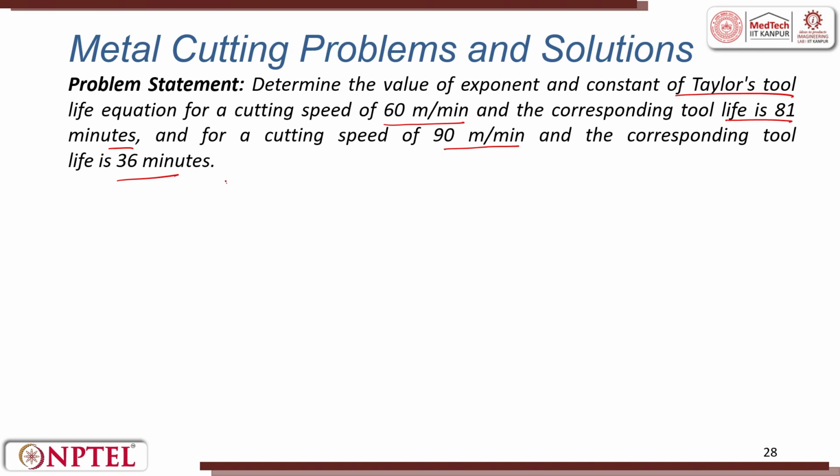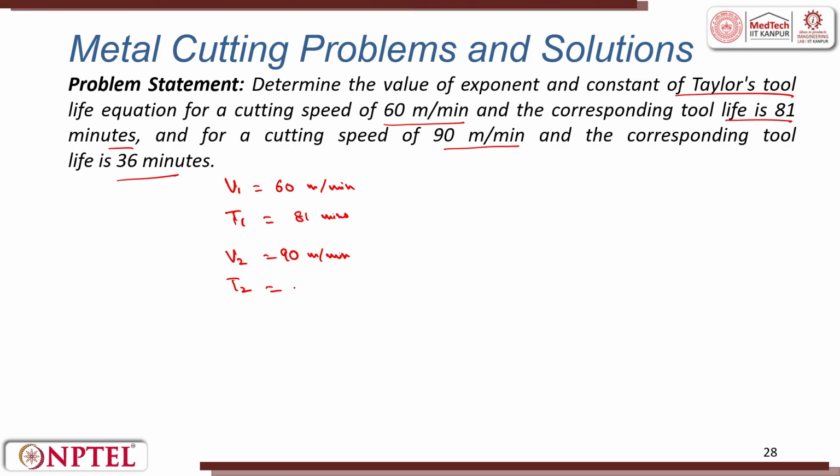If I say V1, T1, and I have been given V2 and T2. What is V1? Cutting speed is 60 meters per minute. T1 is 81 minutes. V2 is 90 meters per minute.